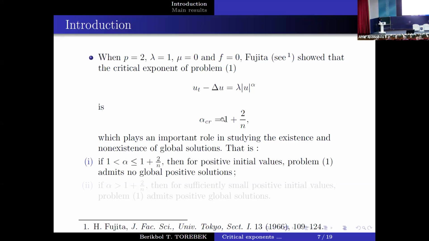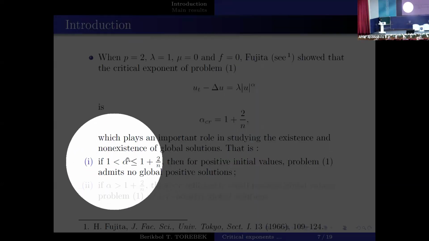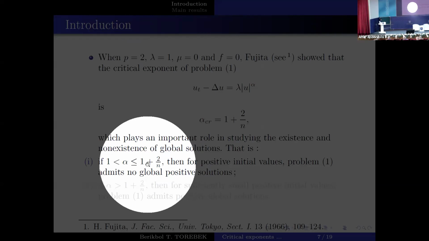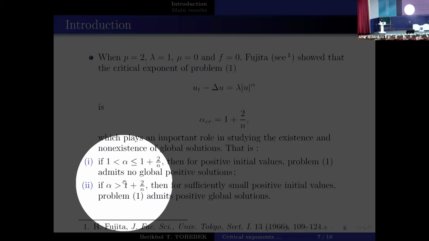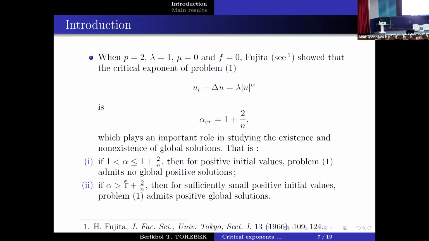It means that when α is between 1 and 1 plus 2 divided by n, then there is no positive in-time global solution for any positive initial data. And when α is greater than this number, then for sufficiently small initial data, there is a global in time positive solution.